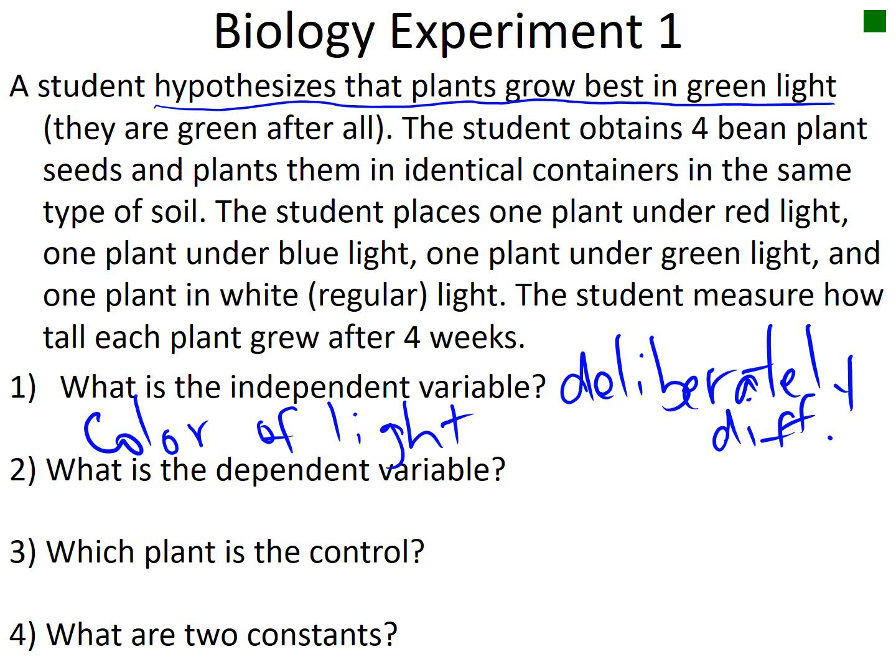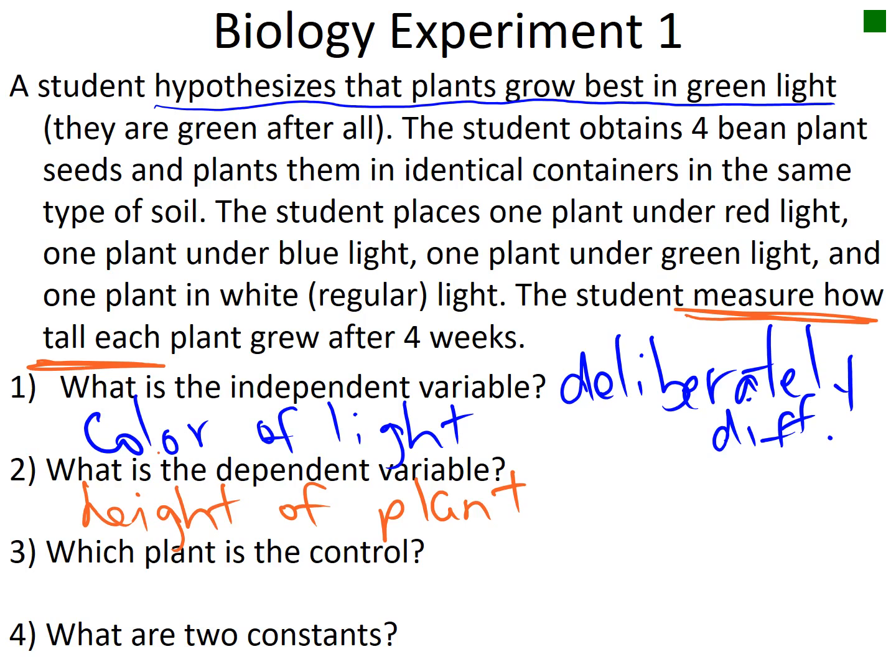The dependent variable is what the student is going to observe about the plants. It tells us that the student measured how tall each plant grew. So our dependent variable is going to be the height of the plant.